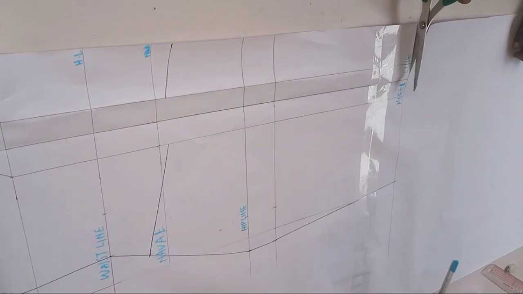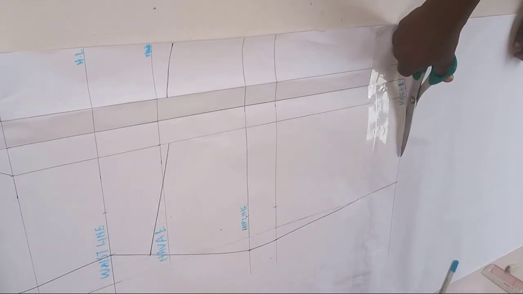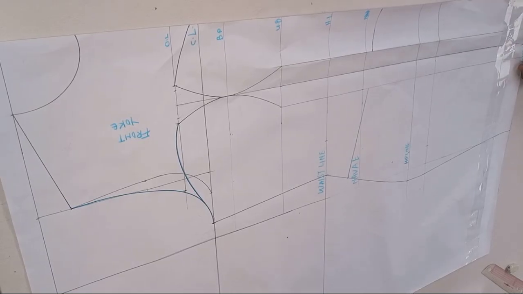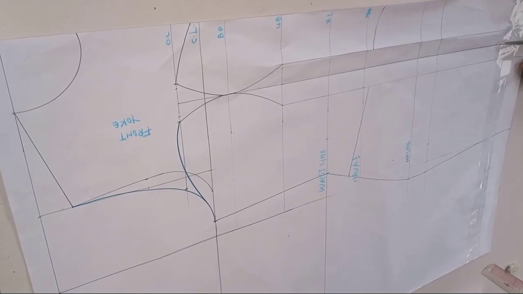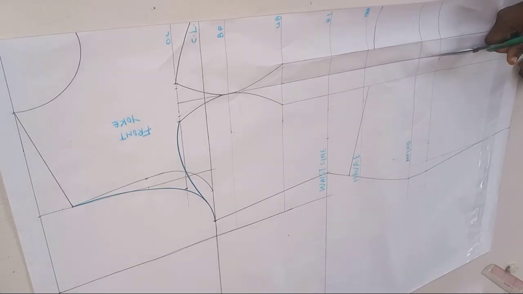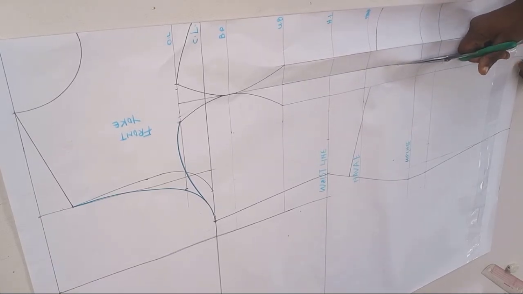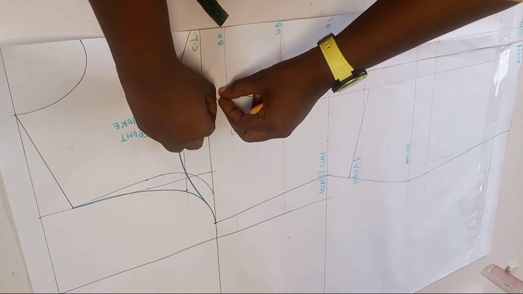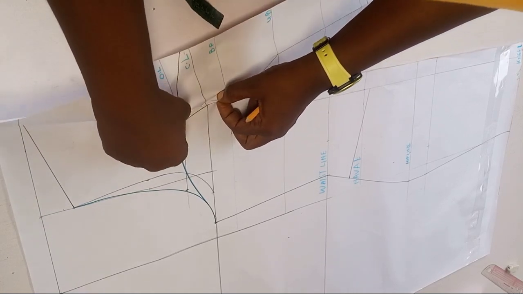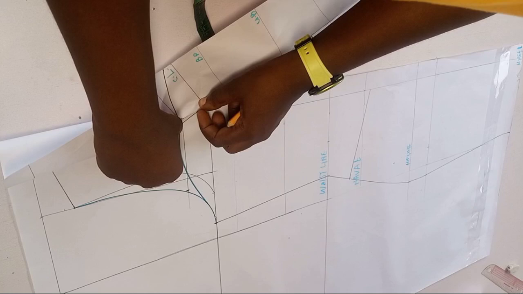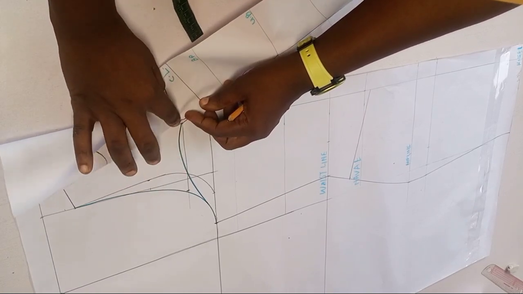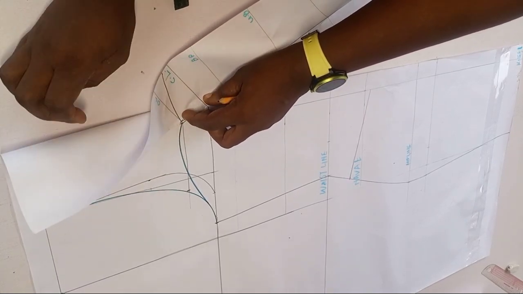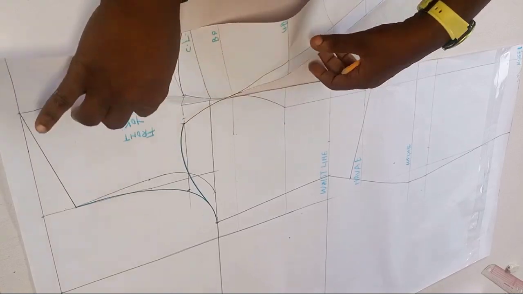I'll go ahead to cut out my pattern now. I'll also slash open my darts. I'll cut through that line to the bust point, so that I can blend the over bust part. So I'll place the two dart legs at the over bust together to see if I have any excess or shortage at any point.